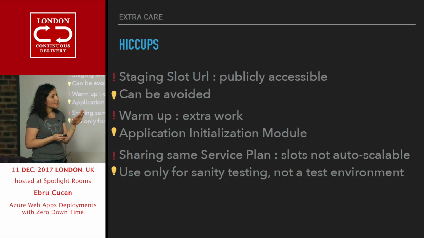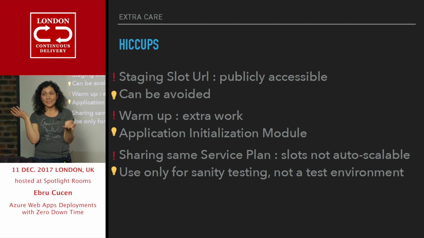So, the hiccups that you need to think about in more detail. Whenever I deploy my staging slot, perfect, but it's a public URL, it's publicly accessible, so you may not want that. You can have rewrite rules blocking that address. Warm up: if you want a specific URL other than the root URL, or have other things, you need to warm them up before, so there's extra work required.